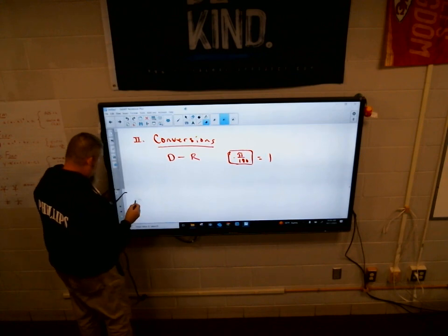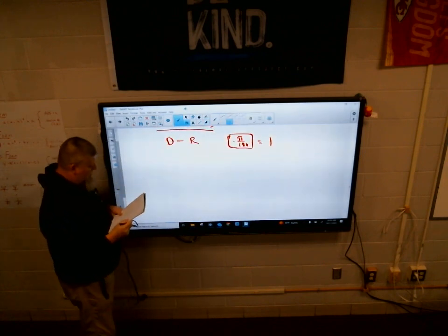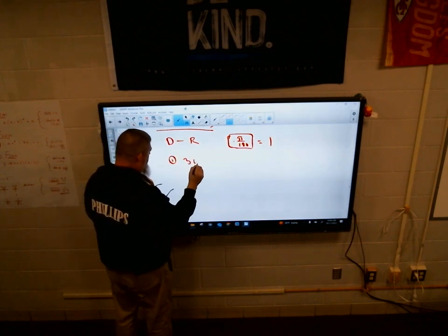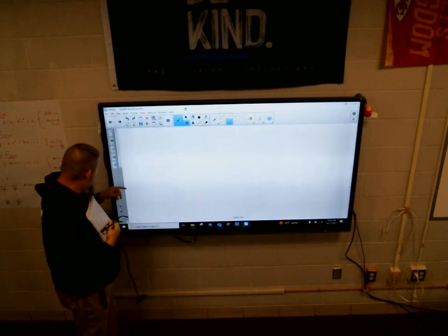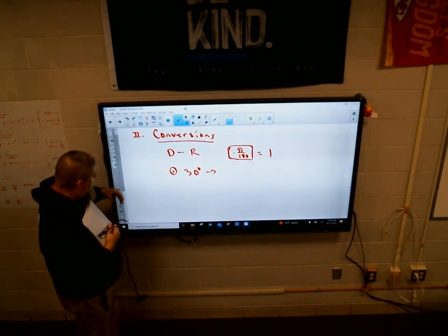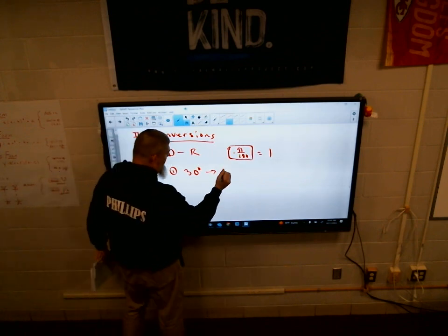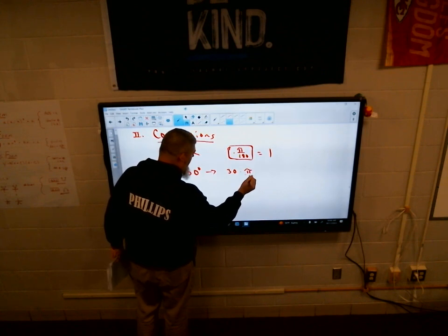So let's do some examples. Let's do the basic one, number 1. Let's do 30 degrees. I'm simply going to take that 30 and multiply by pi over 180.